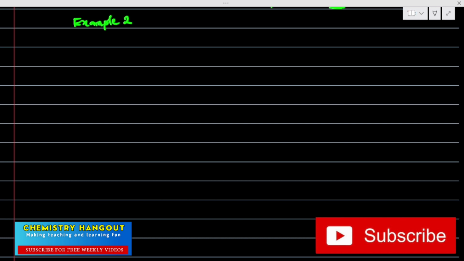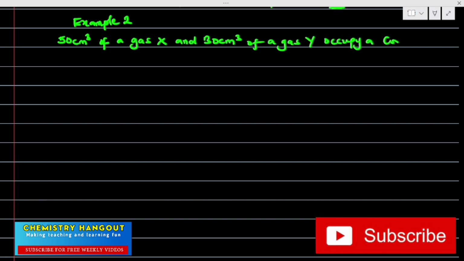Example 2 says: 50 centimeter cube of a gas X and 30 centimeter cube of a gas Y occupy a container with a capacity of 80 centimeter cube.